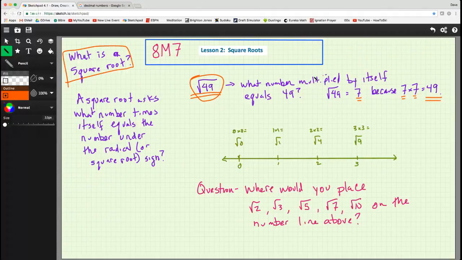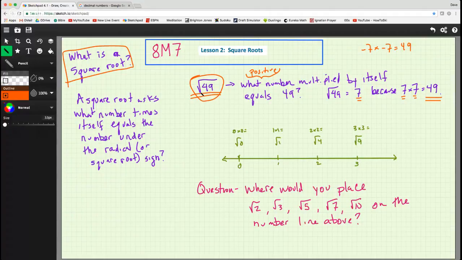Now I want to make out one other key point. It's really what positive number times itself equals 49, because we do know that -7 times -7 equals 49.